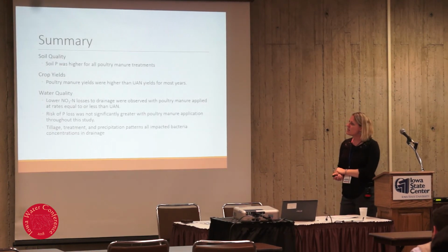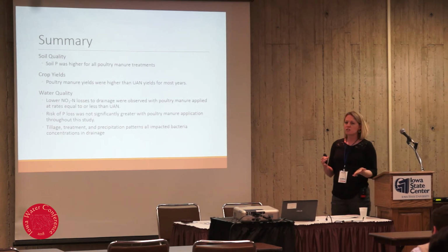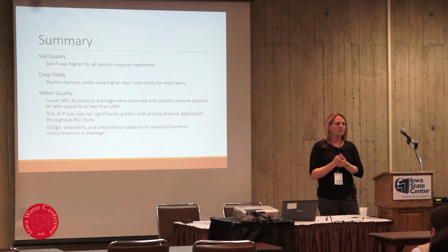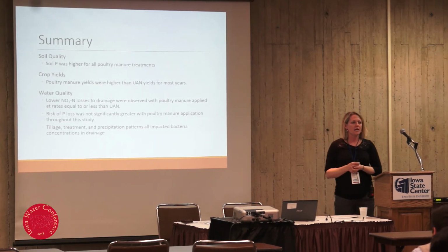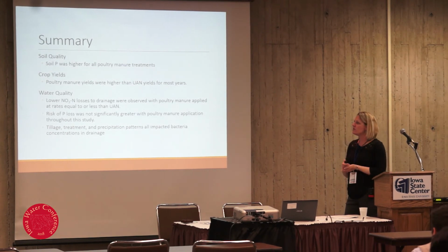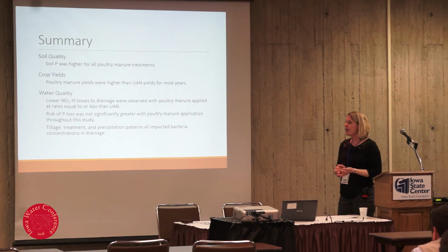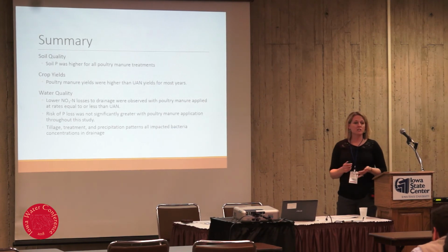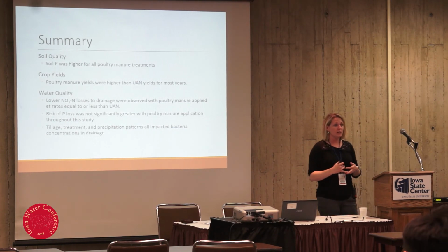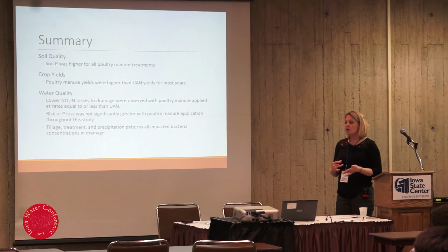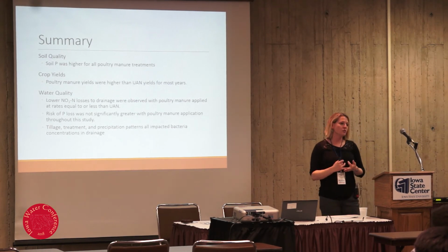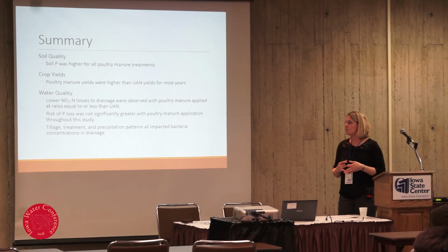Okay, so to summarize, over the 20-year study, we saw a buildup of phosphorus in the top, the plow zone of the soil. In general, poultry manure did have a positive impact on crop yields, both corn and soybean. And then the water quality story from nitrate, it appears that there is equal to or less nitrate in drainage from the poultry manure amended plots.